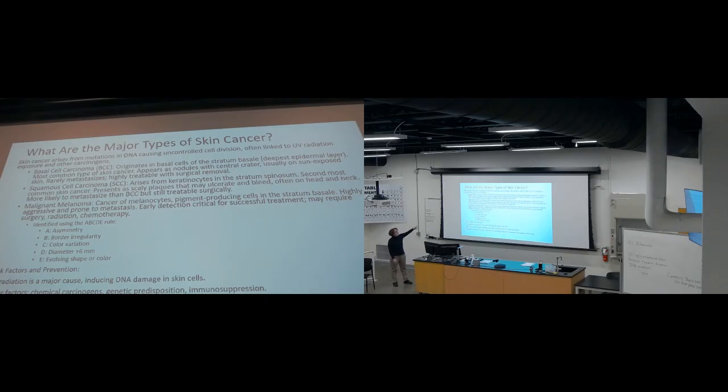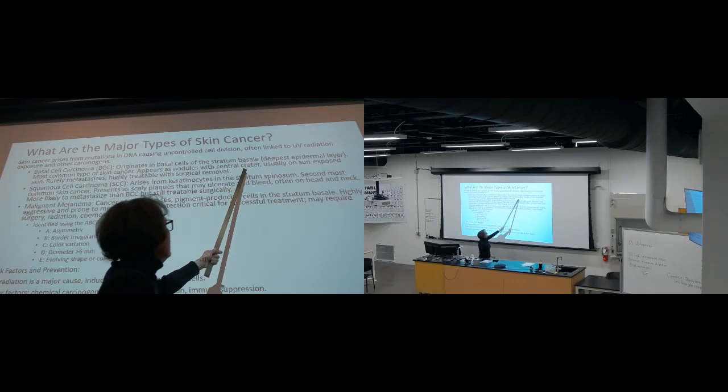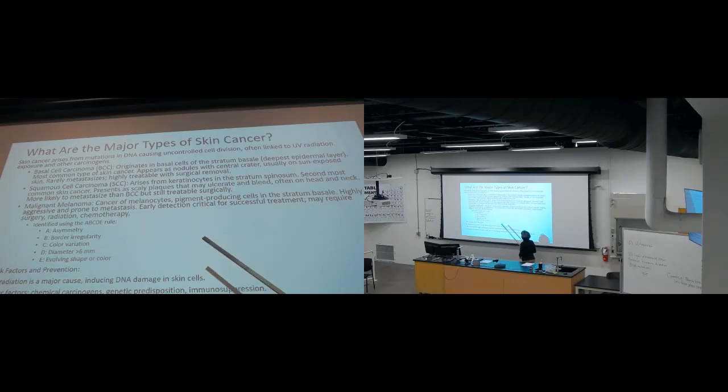This is the most common type of cancer, and the lesion looks like a nodule with a crater in the center, so it's easy to recognize. It rarely metastasizes. Metastasis is basically when you have seeding of cancer cells into another area of the body. And this is highly treatable with surgical removal.